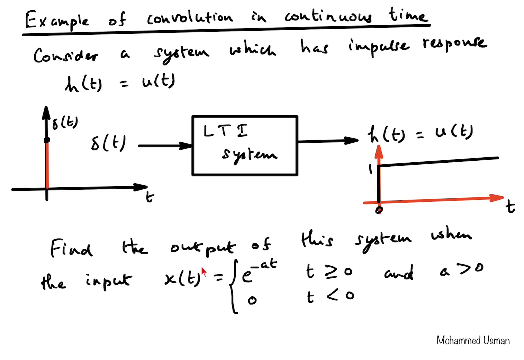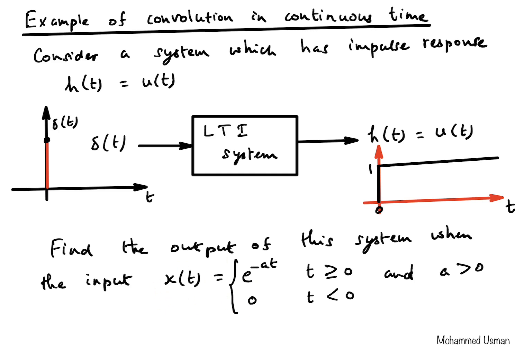Now basically what it means is this x of t has this value e power minus at only for t greater than or equal to 0, and for t less than 0 it is 0. That means on the left hand side of the y-axis it is 0. Okay, that's what this is implying.